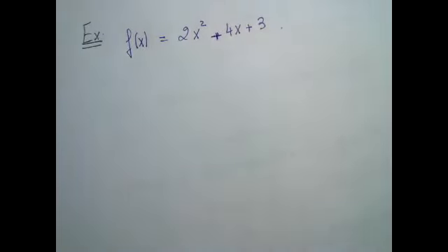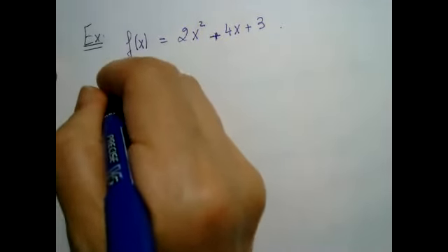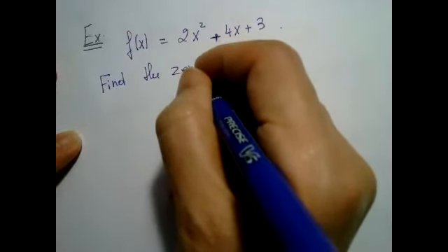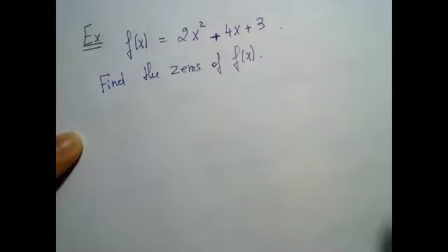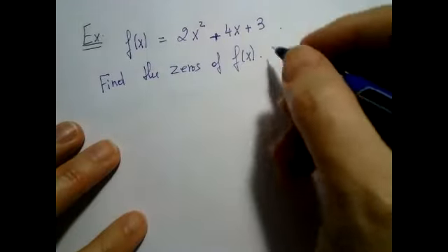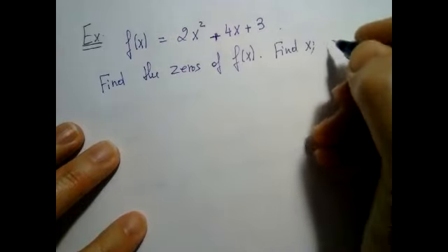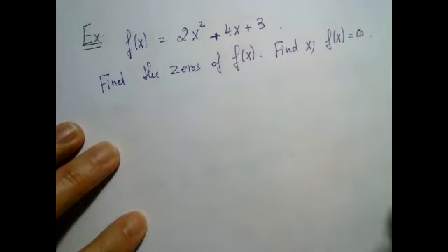The question is find the zeros of f, which really means find the x value that makes f of x 0.